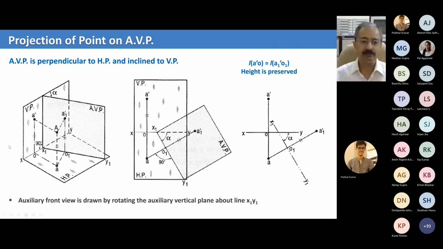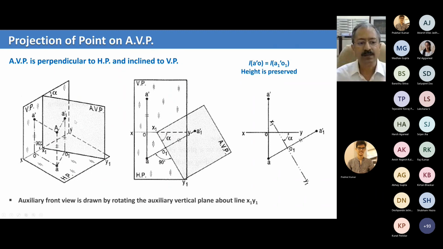One nice thing that can happen is if you look at a point A, its projection on the horizontal plane is A, and its projection on the vertical plane is A dash, that we already remember from the last class. The height of point A from the horizontal plane has to be the same in both the vertical plane and the auxiliary vertical plane.